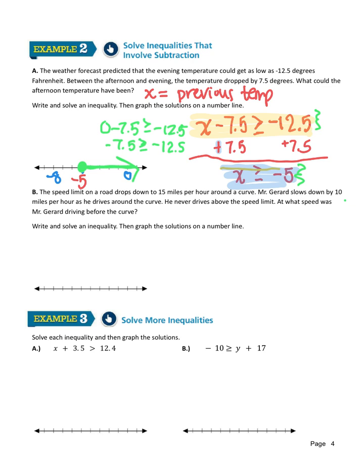So what we're going to do is we're going to write an inequality to show his speed. X is going to be his miles per hour before the curve. He was going a certain speed. He dropped his speed.